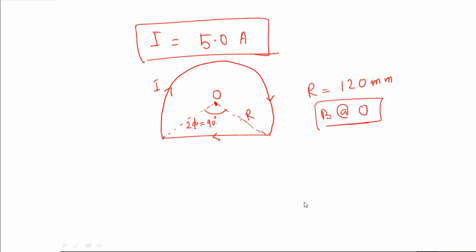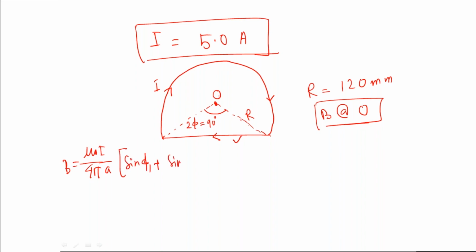See, you have to simply apply Biot-Savart's law. So you have got two parts. One is the curved part, another one is the straight part, and this is a finite wire, right? So what formula are you going to use here? For a finite wire, same thing, mu 0 I by 4 pi, I'm writing the general formula you have to use for this problem, then sine phi 1 plus sine phi 2.